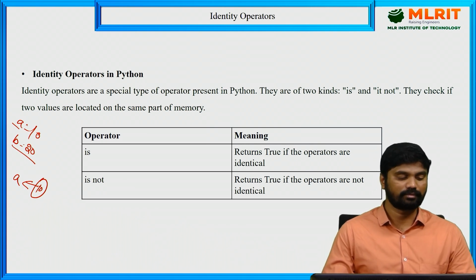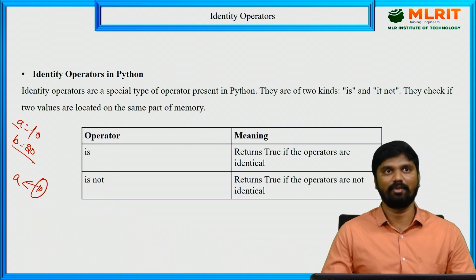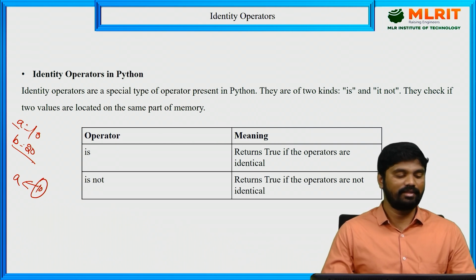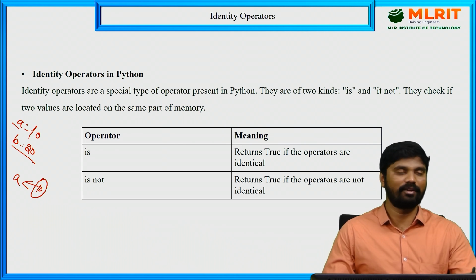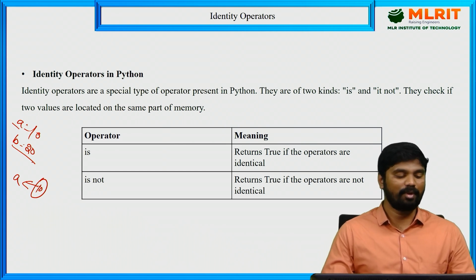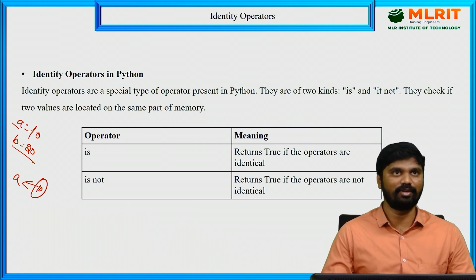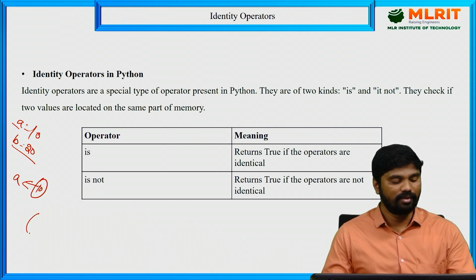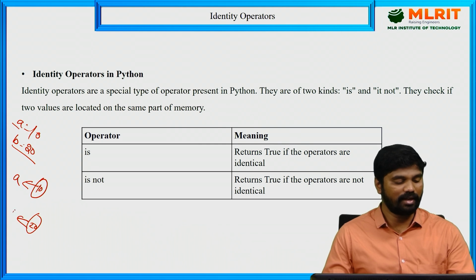Again the Python virtual machine won't create the object directly. First it will check the memory whether there is any existing object with the value 20 or not. But now in the memory it is not there. That means there is no object with the value 20. Now an object will be created and referred to by B.